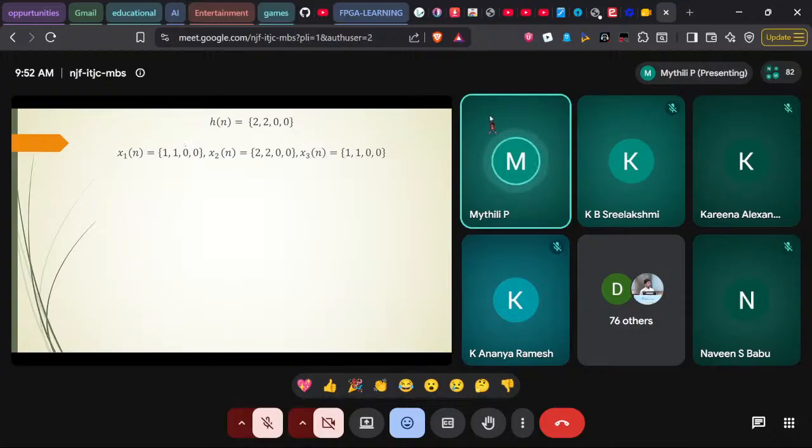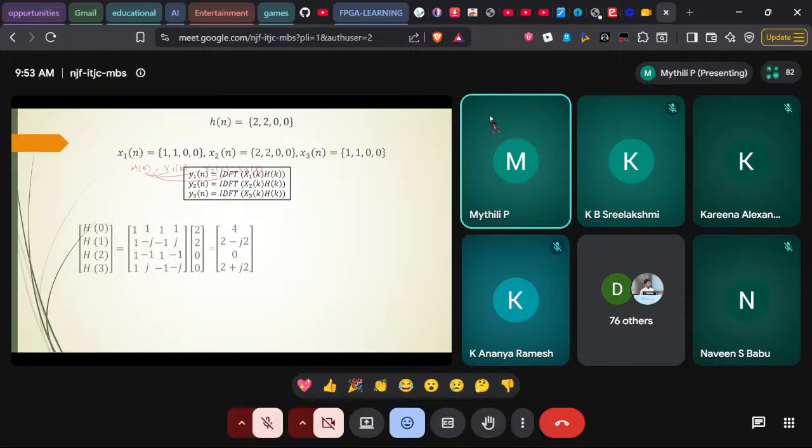Now my job is to find h of k, x1 of k, x2 of k, x3 of k. And then multiply them. Multiply h of k with this, h of k with x2, and then find the IDFT. So let's find out h of k.